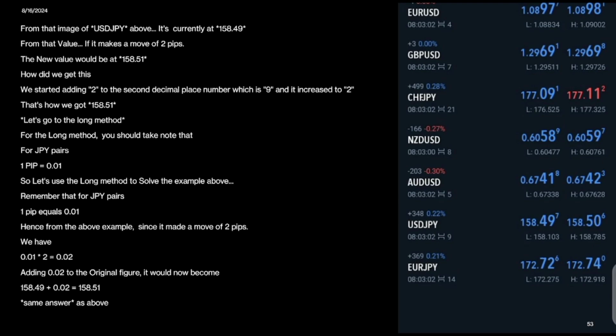All you have to do is pull up your calculator and multiply 0.01 by the pip movement you are expecting it to make. It will give you the result. For example, 0.01 times 2 equals 0.02. Now all you have to do is add that 0.02 to the original number, which is 158.49 plus 0.02, and you'll get 158.51.